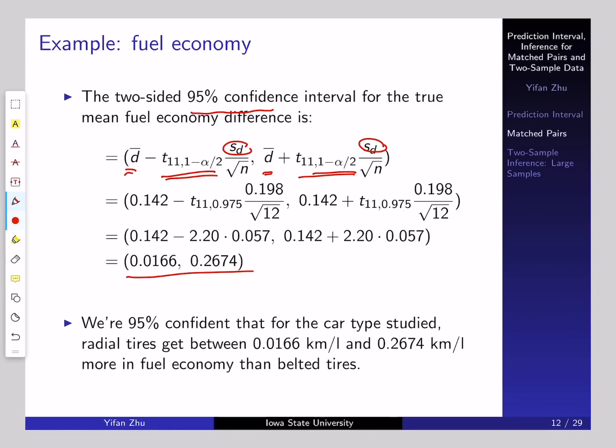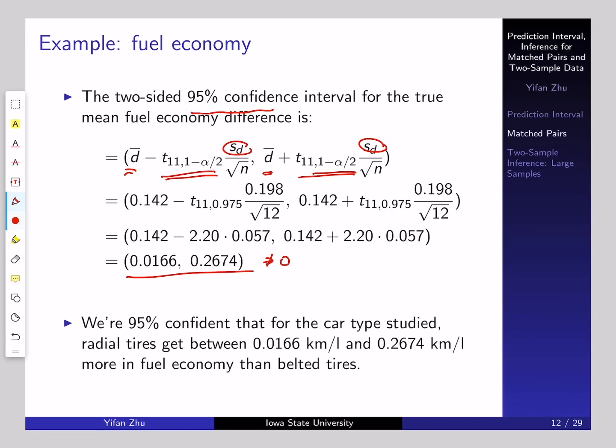And we see that the 95% confidence interval does not contain zero. So it coincides with the hypothesis testing result. We can actually also use this confidence interval to reject the null hypothesis.